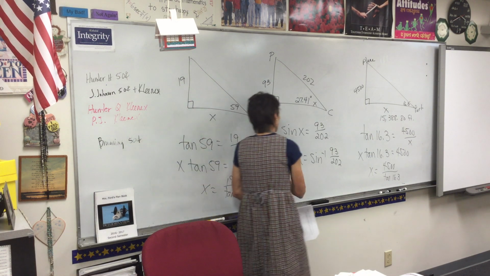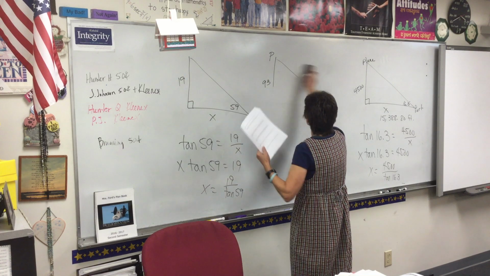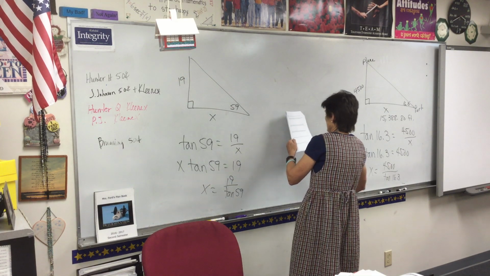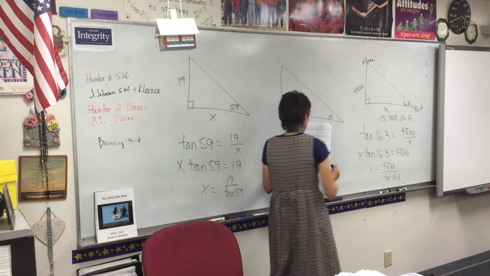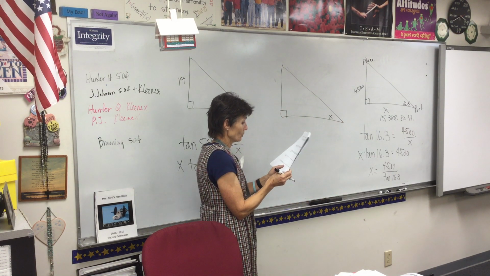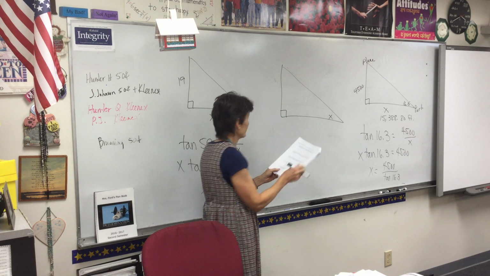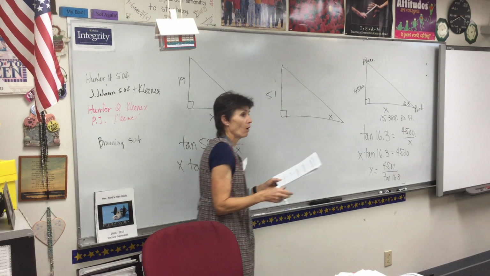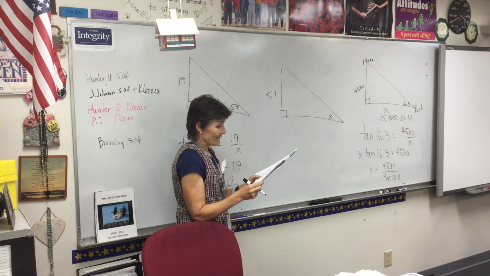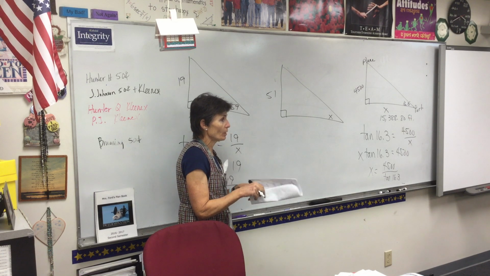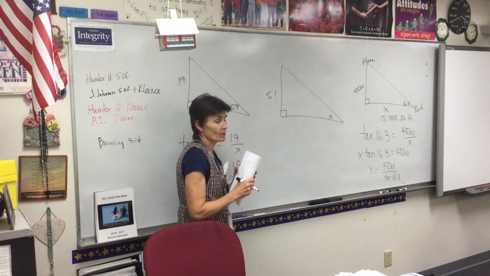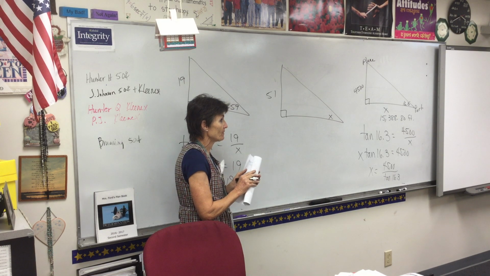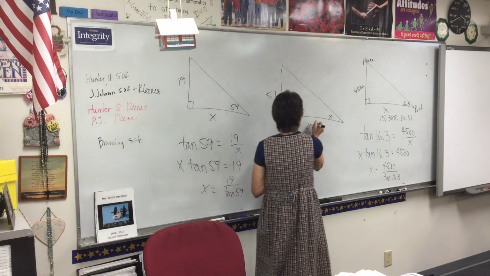Okay, and the last one. What is the angle of elevation of a Precal student looking at the top of a building that is 51 feet tall if he is standing 200 feet from the building? Where does the 200 go? It goes on the bottom.